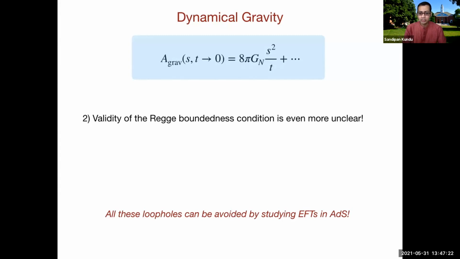So the restriction that for large S the amplitude grows slower than S squared looks like a really strong condition. The main point that I'm going to emphasize in today's talk is that all these loopholes can be avoided by studying effective field theories in AdS. So that's the main point that I'm going to emphasize.